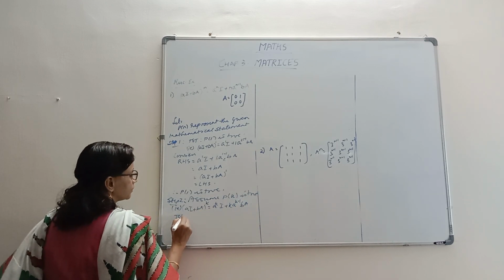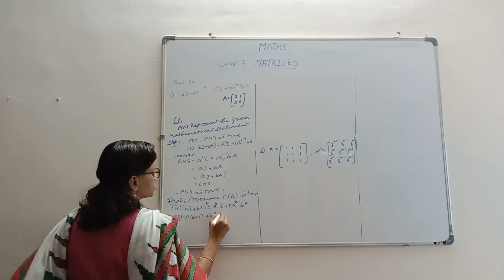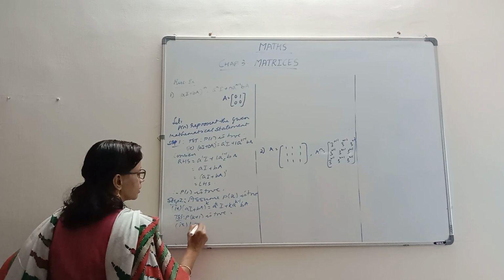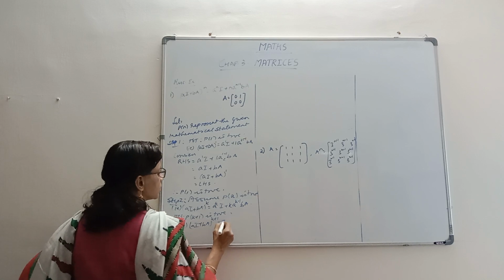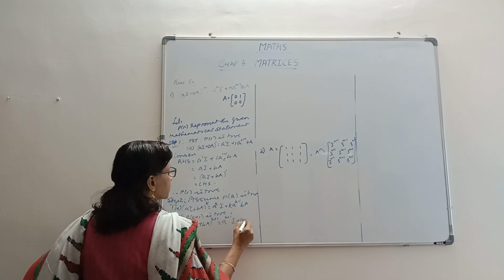To show that P(k+1) is true, which means (AI + BA) raised to k+1 is A^(k+1) I + (k+1) A^k BA, right?